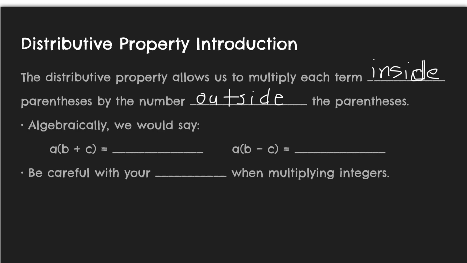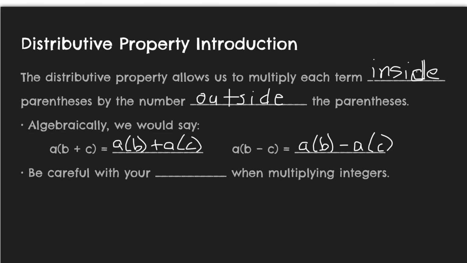So A times (B plus C) could also be written A times B plus A times C. If you don't get this yet, I'm going to show you many examples so you'll understand it. And then this next one, A times (B minus C), could also be written A times B minus A times C.